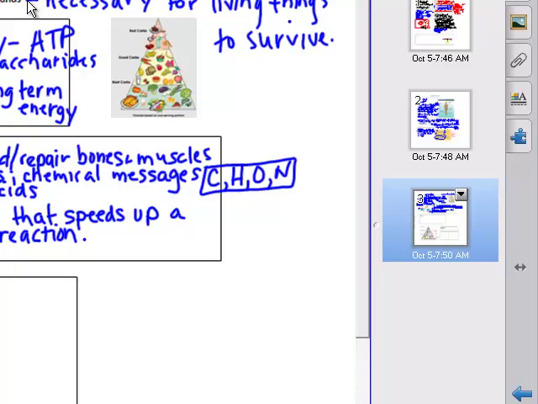So an example of this would be, we all have an enzyme in our saliva. Okay, it's called salivary amylase. And what that enzyme does is it speeds up the reaction of breaking down our food, which means even if you were to not chew anything, let's say you put a piece of bread in your mouth and leave it there for a couple hours, after 2 hours, even after 10 minutes, that bread's going to be broken down and gone, probably.